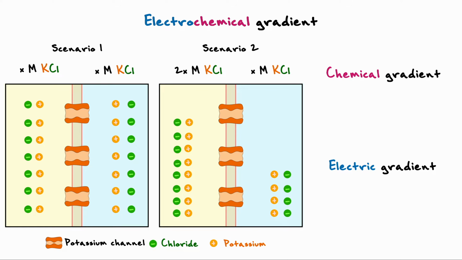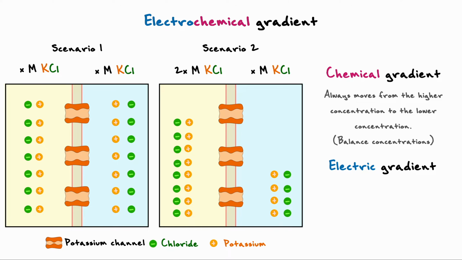Now, what you have to imagine is that the movement of ions is always dictated by how they can equilibrate the system. In terms of the chemical gradient, this means that the ions will always move from a region of high concentration to a region of low concentration in order to balance the amounts on each side. For the electric gradient, this means that ions will always naturally move to the opposing charge in comparison to their own, such that the net charge of the system is as close as possible to neutral or zero.